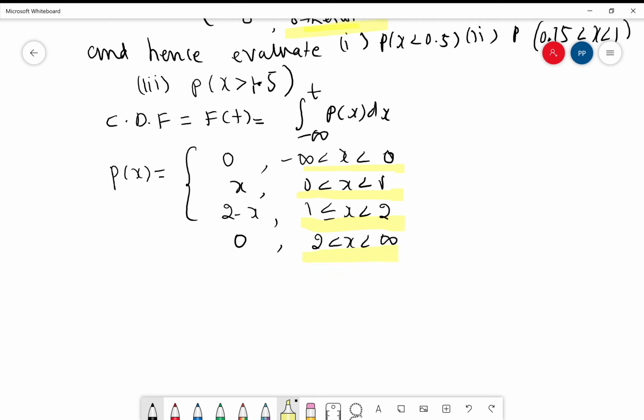Now first let us consider the first interval where t is belonging to minus infinity to 0, for minus infinity less than x less than t less than 0, f of t equals integral minus infinity to t of p of x.